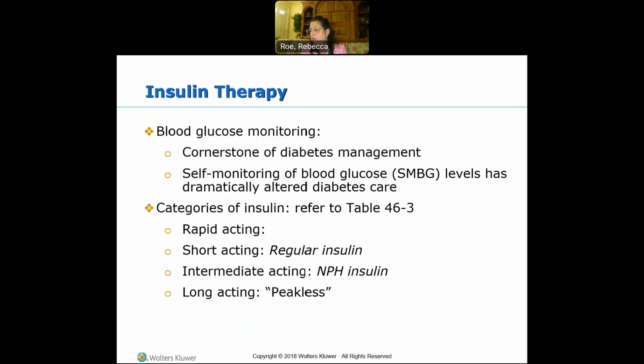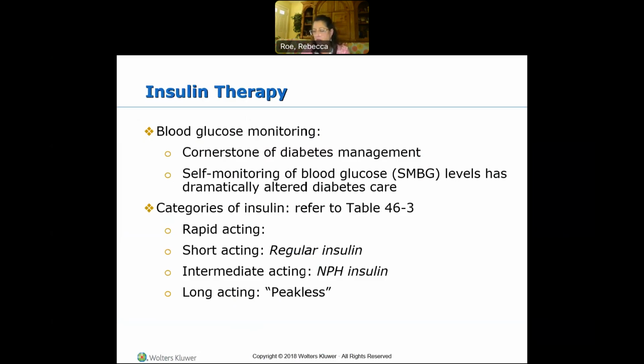The blood glucose monitoring part of diabetes is the mainstay of diabetic management, and self-monitoring of blood glucose has dramatically altered diabetes care, because the main thing that we try to do is to ensure that patients know how to do their own blood glucose checks, and that they know how to draw up their own insulin, check their insulin, store their insulin, and dispose of their supplies, and where to inject the insulin.